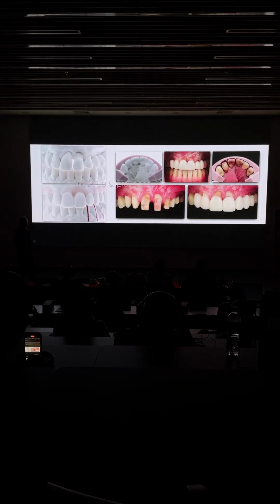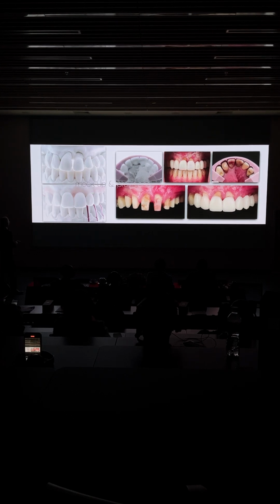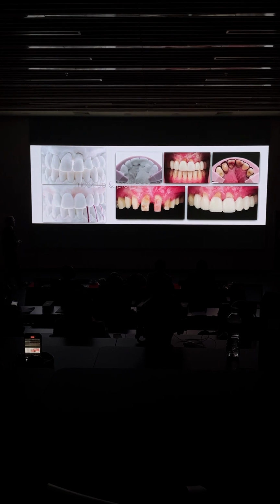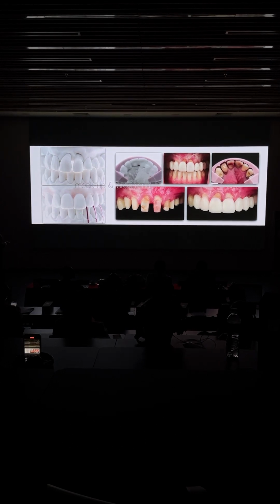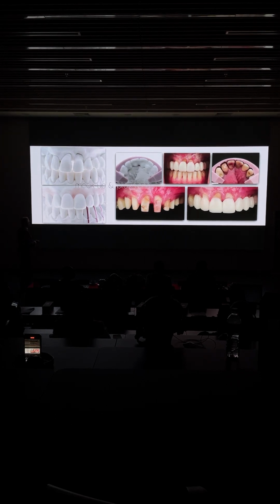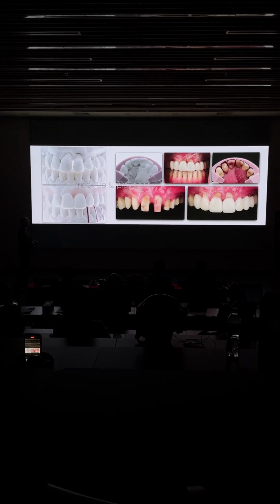So I did the provisional restoration myself. I opened the bite, I did the wax-up of the teeth, and I also waxed up the pink where I would love to have my pink. And I was showing my orthodontist friend how much he will have to incline lingually in order to minimize the transverse problem we were having on that side.